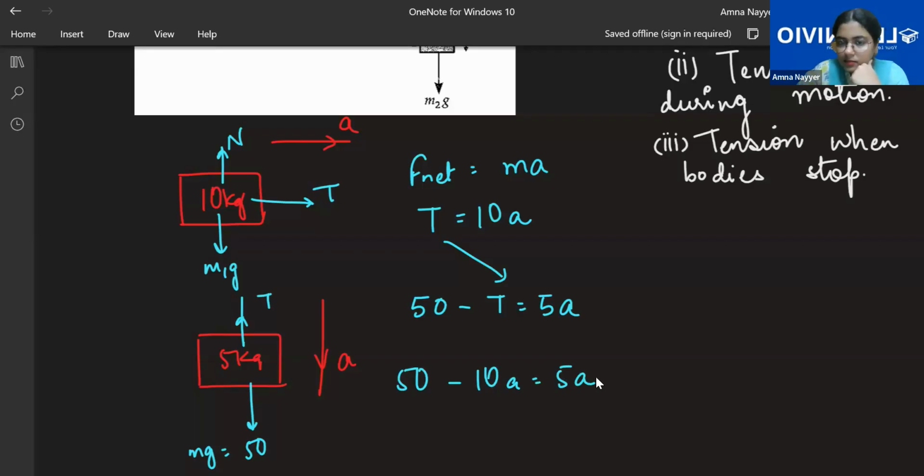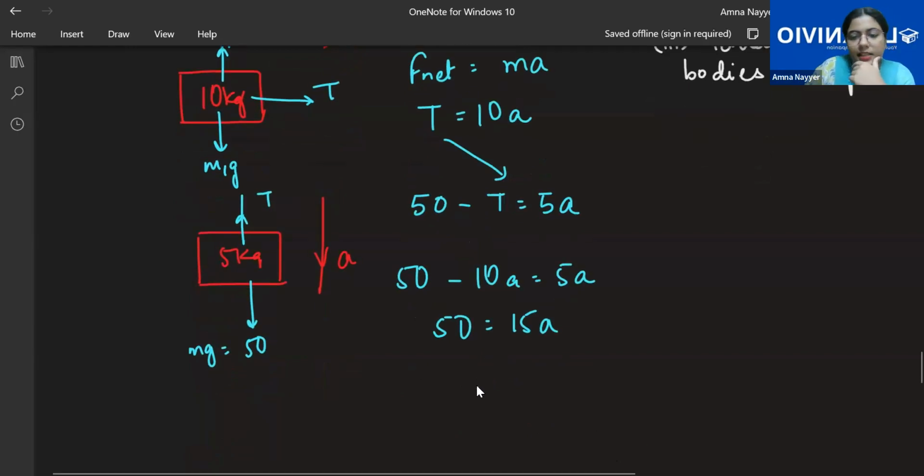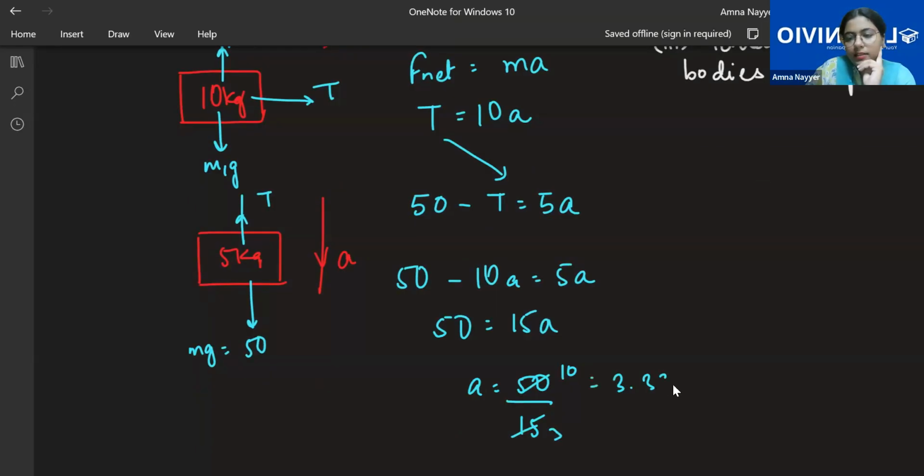This is fine. So from here, will I be able to get the acceleration or not? We'll be able to get the acceleration from this at least. Okay. So 50 is equal to 10A plus 5A, so that becomes 15A. So acceleration will become 50 by 15, which is 10 by 3, that is 3.33 repeating meter per second square.